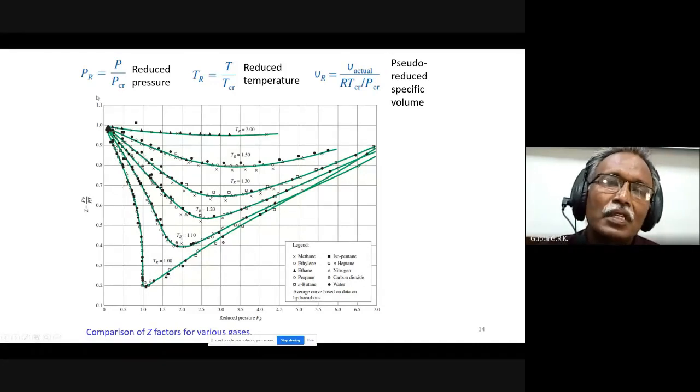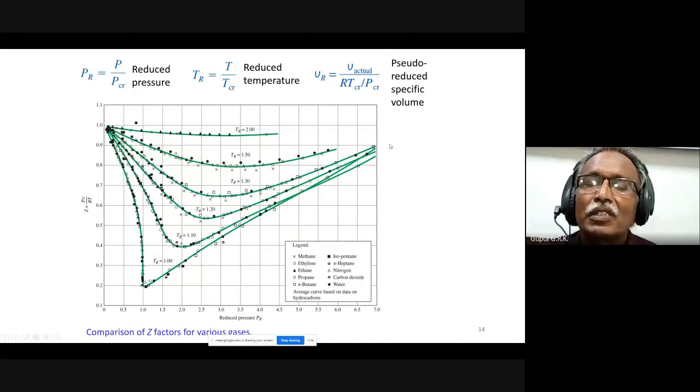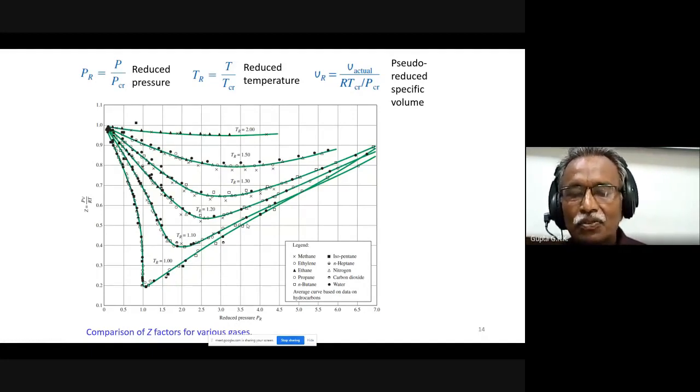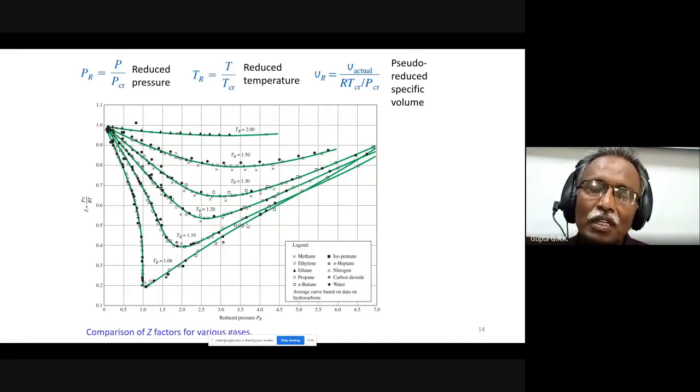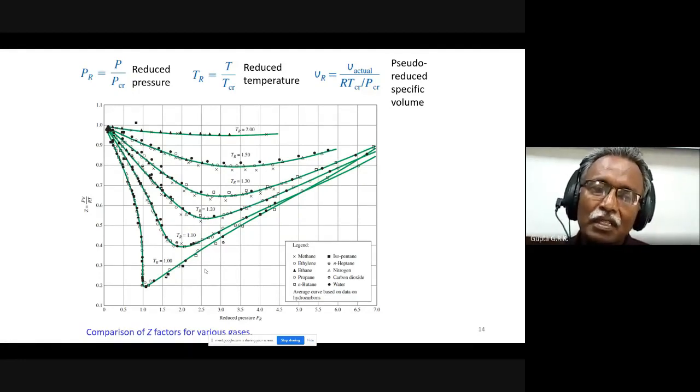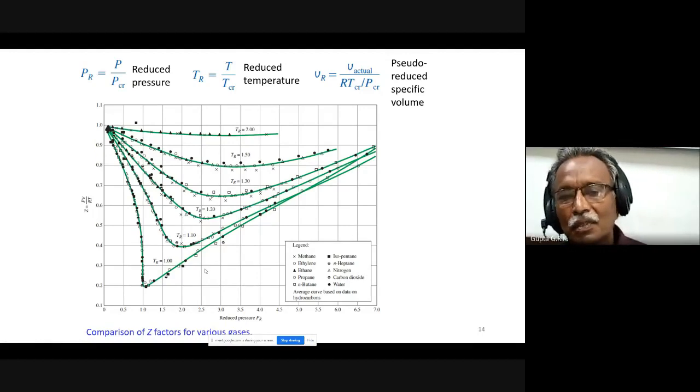That is the advantage of defining the reduced pressure, temperature, and specific volume. If I draw the curve with respect to reduced conditions, for all gases, these graphs are true. I will not have separate graphs for separate gases. Usually if I take only pressure and temperature, with pressure on the x-axis and temperature as the variable parameter, I will get different sets of graphs for different gases.